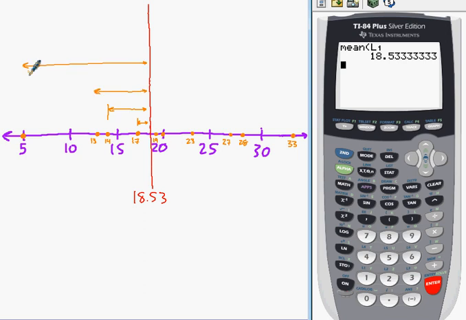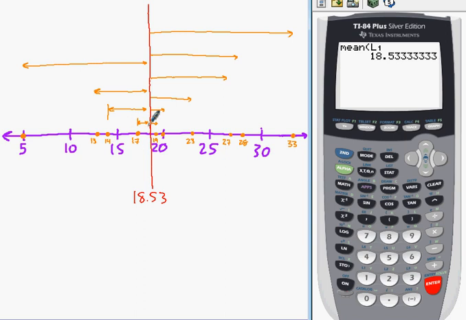There are all the deviations, right? How far each data point deviates from the mean. This will deviate a certain distance, this one will deviate a certain distance. But we don't care just about one, we want the deviations for these as well. So there are all the deviations on the upper side.